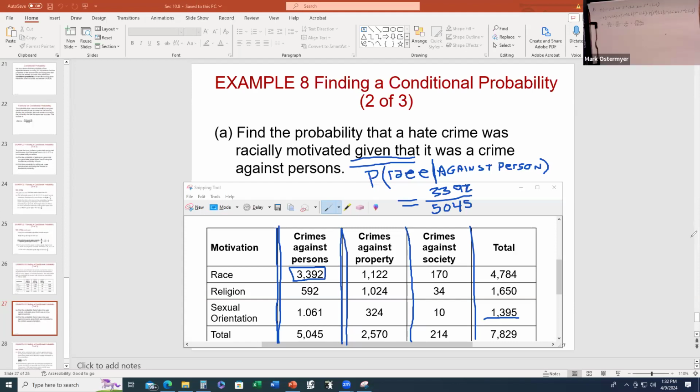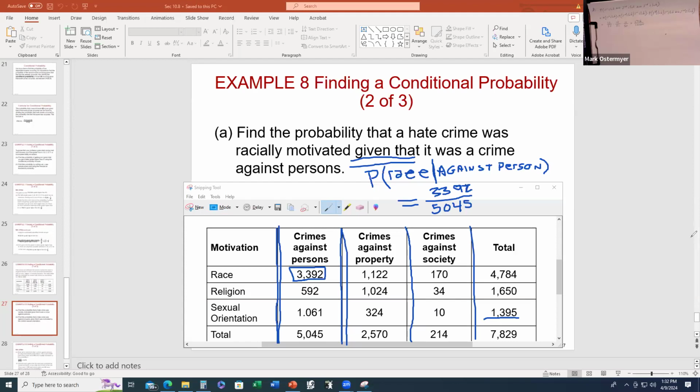No, we're not locked into the first row. You never heard the phrase "given that." I just want you to compute the probability that a crime was racially motivated and was against society. That would just be 170 divided by the grand total, 7,829.